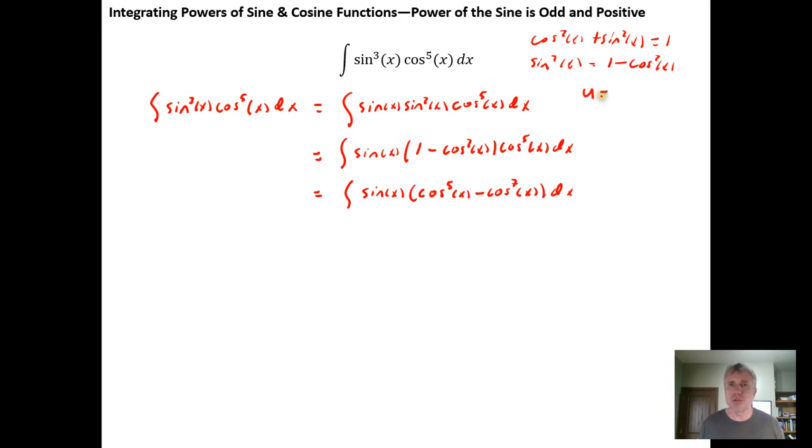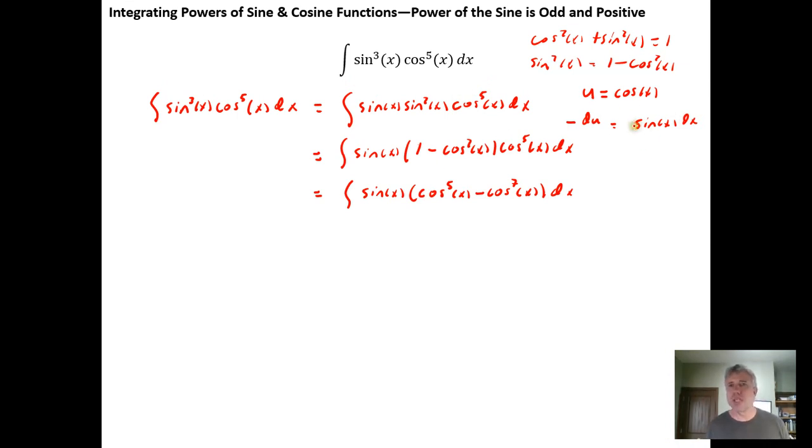So if I go u equals cosine of x, then I know that du dx is going to equal minus the sine of x. And so if we multiply both sides by the negative and multiply both sides by the dx, we get minus du equals sine x dx.